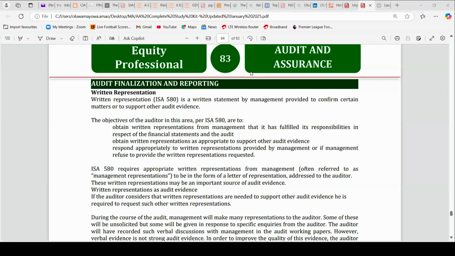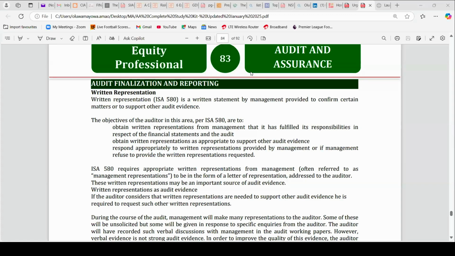management have prepared inventory valuation, and the basis of valuation has been on cost. But during the course of the audit, the auditor finds out that we all know that inventory, according to the standard, should be valued at lower of cost or net realizable value. So it's not just that you value inventory based on cost.